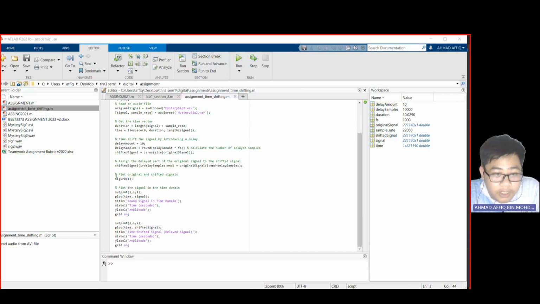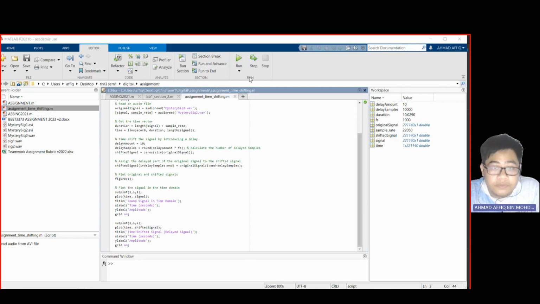Then I plot the figure, figure 1, subplot 211, plot time signal, title original signal in time domain. And then the shift signal, subplot 212, plot time shift signal, title time shift signal with delay in brackets. So I will run the code.